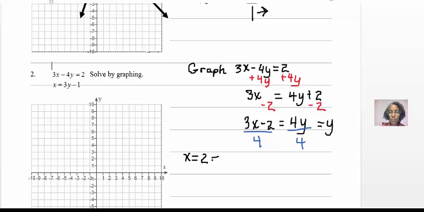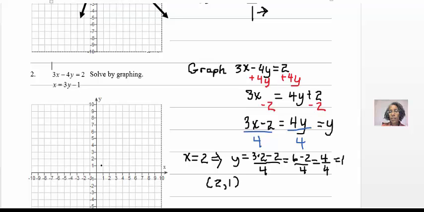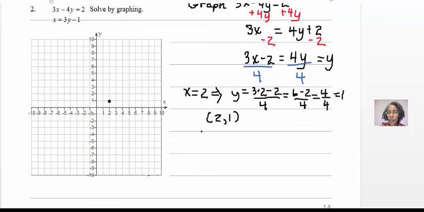So we want to carefully choose our x's so that 3x minus 2 is divisible by 4. So let's let x equal 2. And we get (6 minus 2) over 4, which is 4 over 4, which is 1. So we're going to plot the point (2, 1). Let's let x equal negative 2.